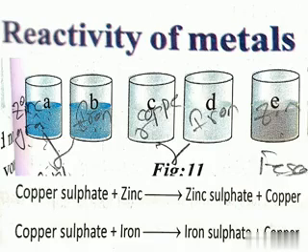That's why we cannot see any change in beakers C, D and E. So from this activity we can say that more reactive metals displace the less reactive metals from their compounds, but the less reactive metals do not displace the more reactive metals.